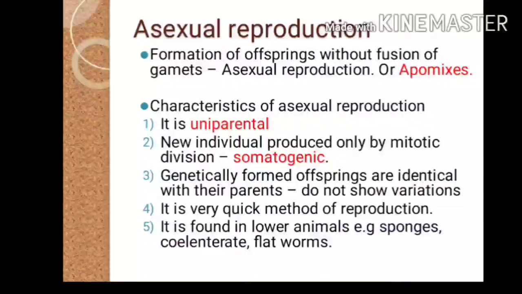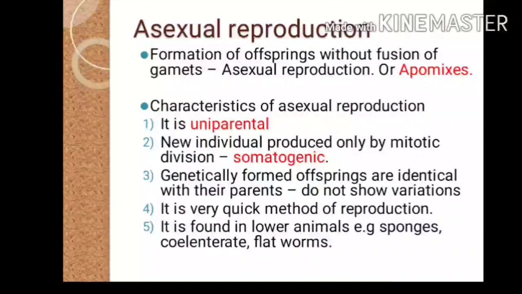Then the next topic: generally all offspring are identical with each other. The daughter cells are similar to their parents. That's why they are called clones. As they are genetically similar, they do not show variation.